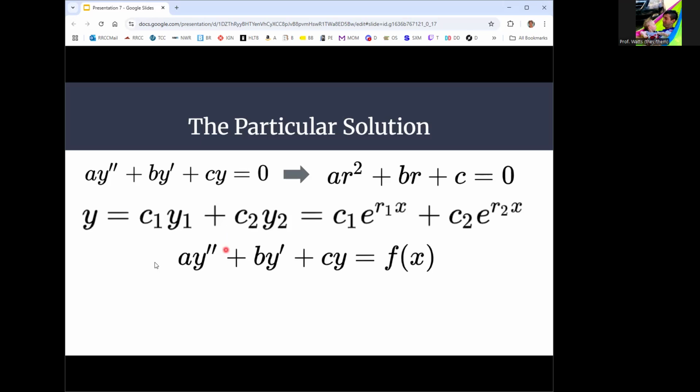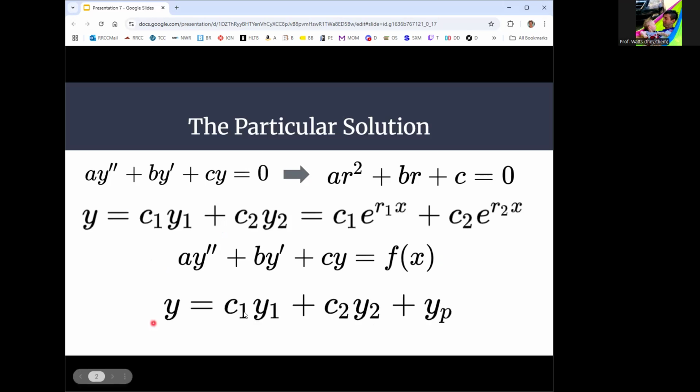What we'd like to do in Module 7 is now consider the corresponding non-homogeneous case, where the right-hand side of the ODE goes from 0 to being some non-zero forcing function f of x.